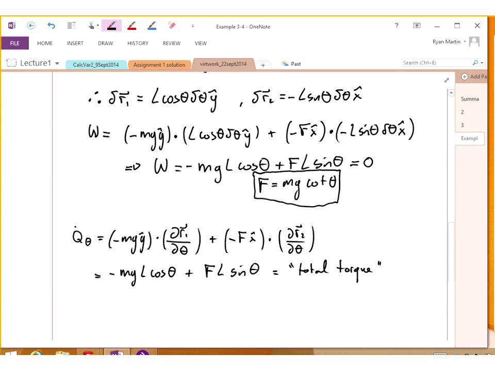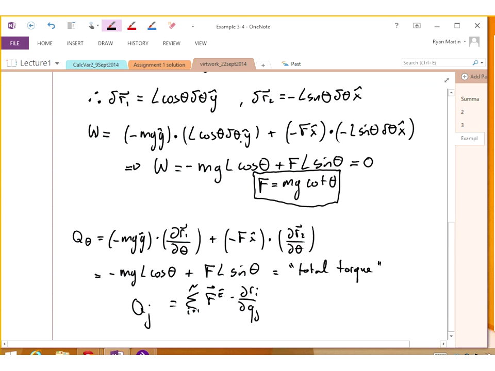Lou, you're asking where is the delta theta? There is no delta theta in the generalized force. The generalized force, Qj, was the sum over the i forces of the external force dotted with dRi by dQj.